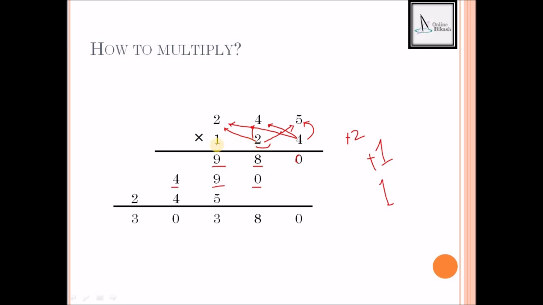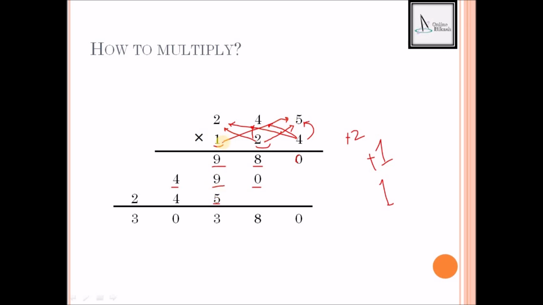Now 1. With this one we will multiply that 5. 1 5 is 5. You see, in this case also we are keeping this place and writing it below this 1, as we are multiplying from this 1. So 1 5 is 5, we write this 5 below this 1.